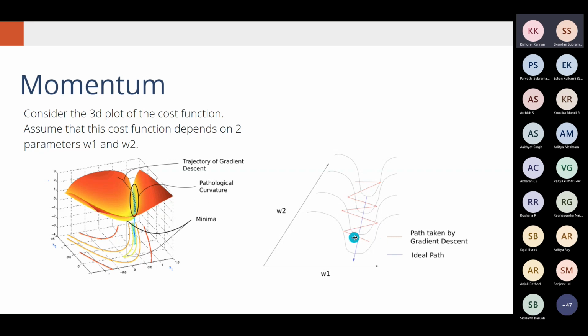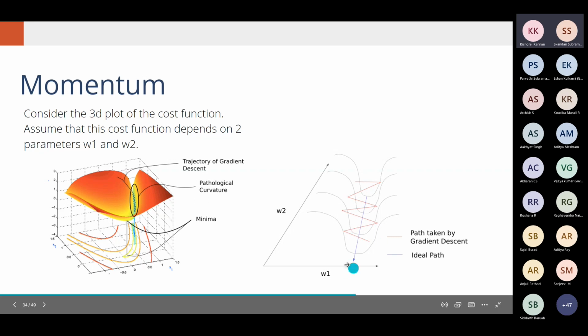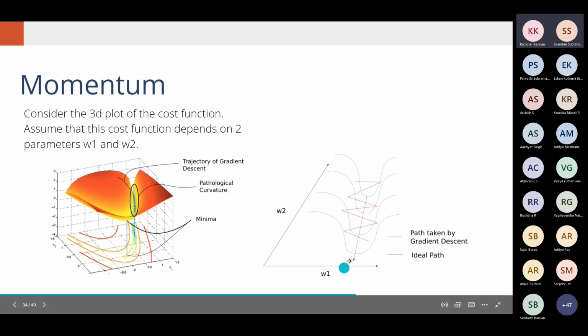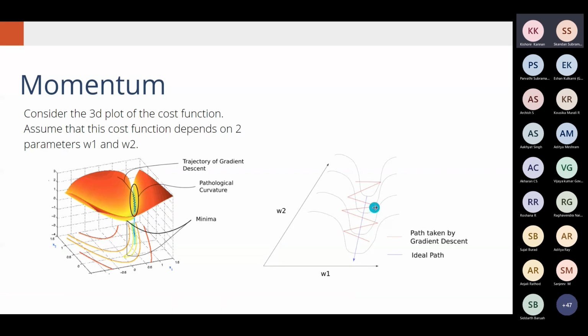Suppose our minima is somewhere down in the valley, and we want to go to the valley. But in the case of gradient descent, it's like a bouncy ball that keeps bouncing between the hills. So it never comes down to the valley, it never reaches the minima. So that's a problem here. And to solve the problem, we use something called momentum.